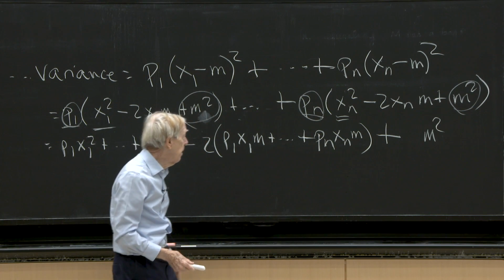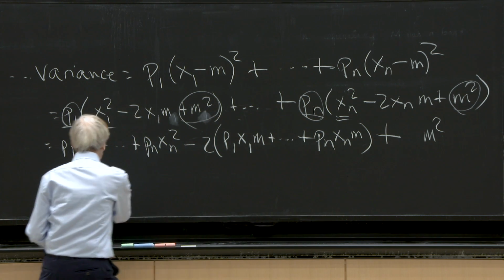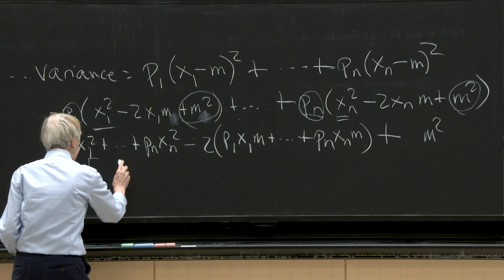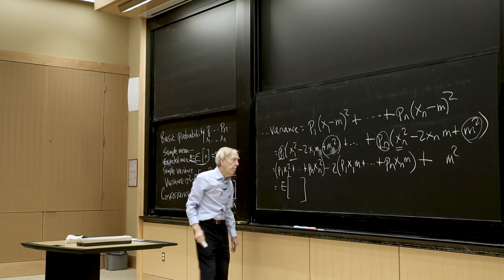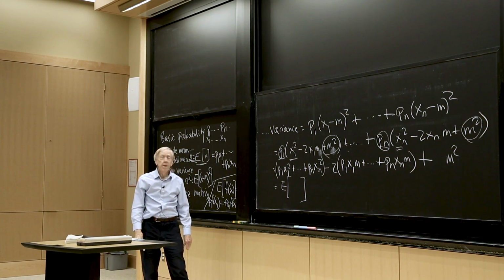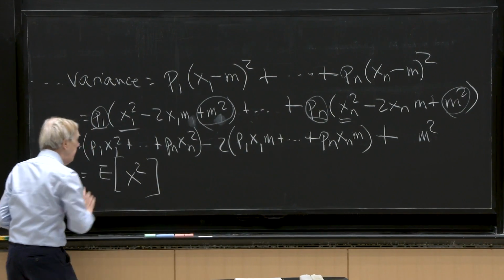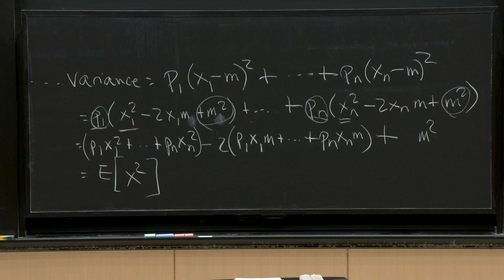So that's it. Okay, and now I'll just simplify this thing. So this is really the expected value of what? What am I seeing in this term? The expected value of x squared, right? Different from the expected value of x minus m squared, of course.